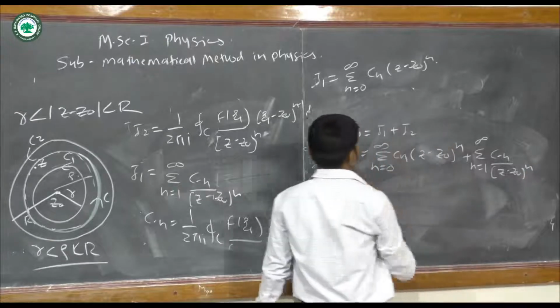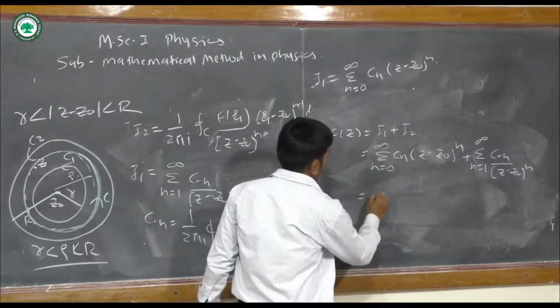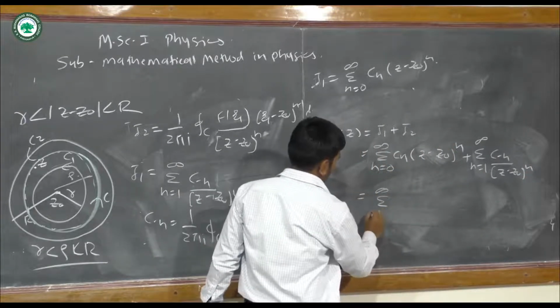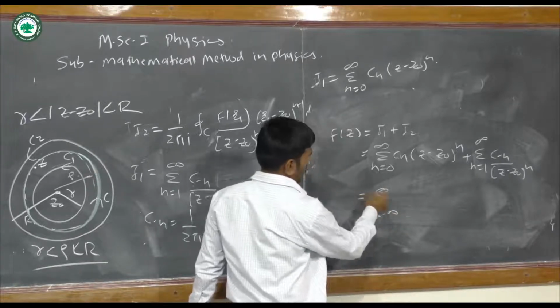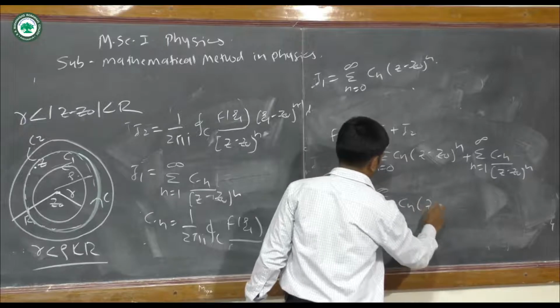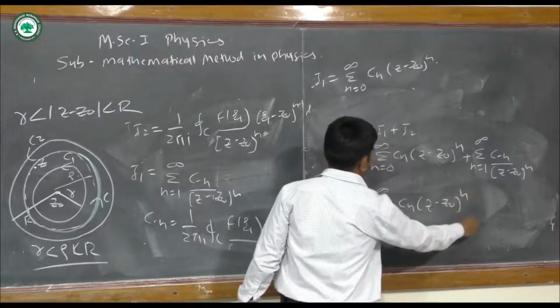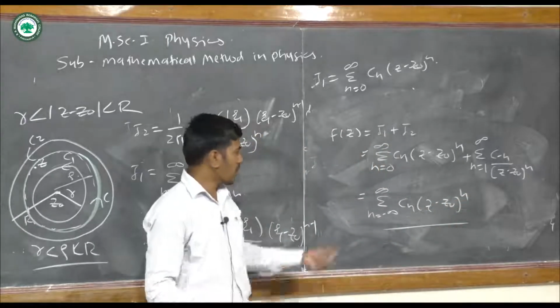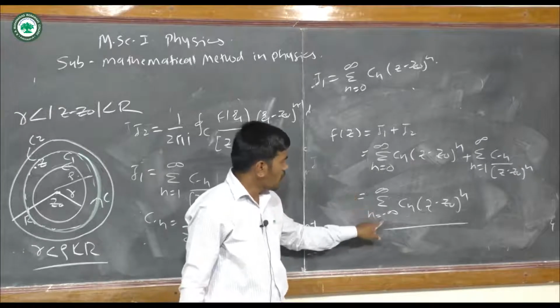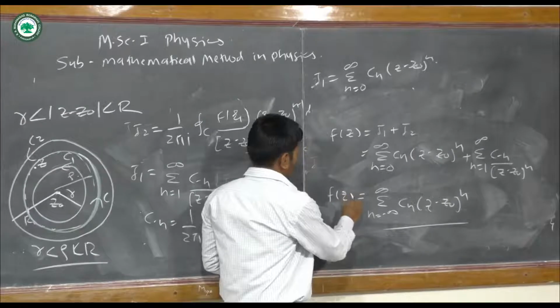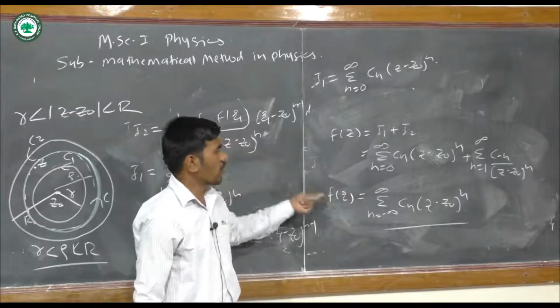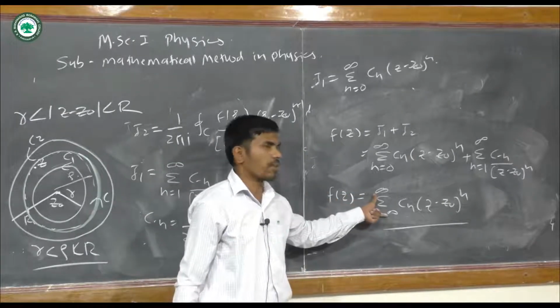Okay, so this we can write as summation over n is equal to minus infinity to plus infinity of c_n (z minus z naught) to the power n. So this is what we saw in the first definition of the Laurent series. f of z is equal to this expression.